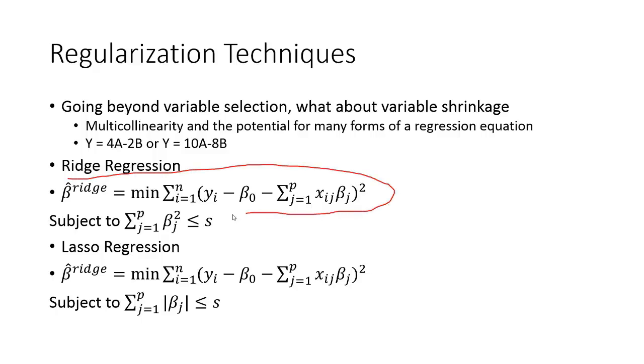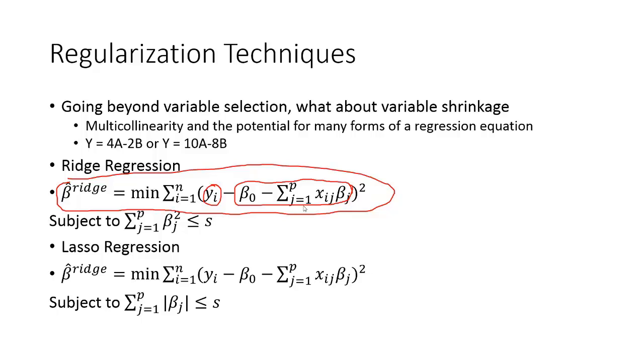So the objective function here is no different for the ridge regression, at least the way I've written it out here, than for least squares minimization, because all I'm saying is let's minimize, for each data point, the actual y minus the predicted y, and the predicted y is nothing but beta naught plus beta 1 x1 plus beta 2 x2 plus beta 3 x3 and so on.